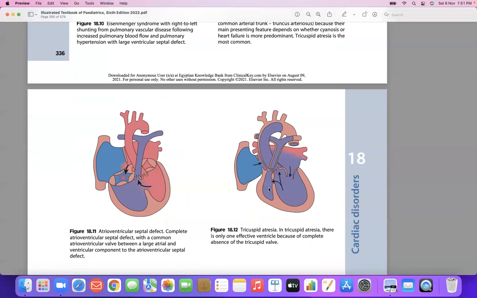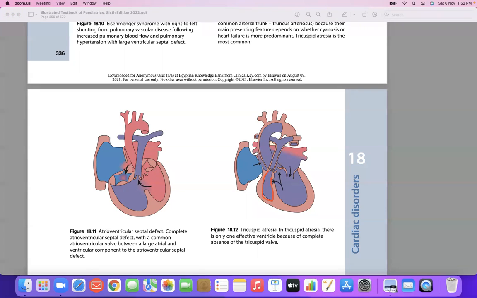So here you can see the picture for tricuspid atresia. That means you see the right ventricle is very small. In tricuspid atresia, there is only one effective ventricle because of the complete absence of the tricuspid valve.